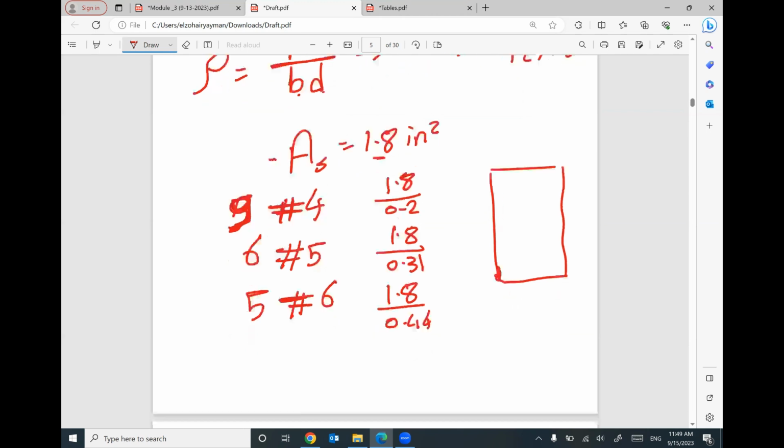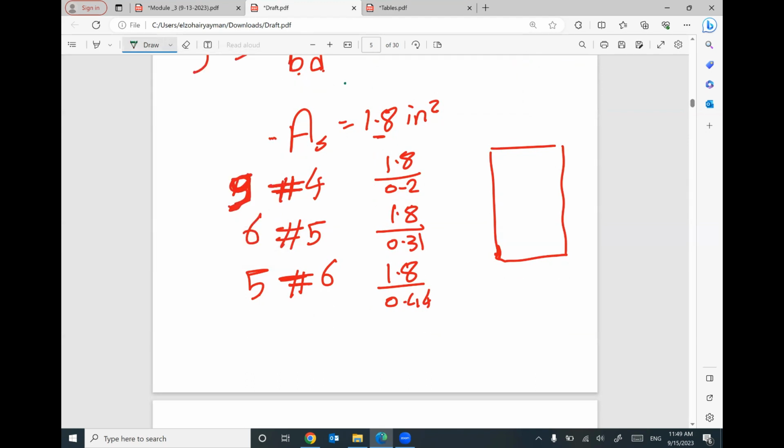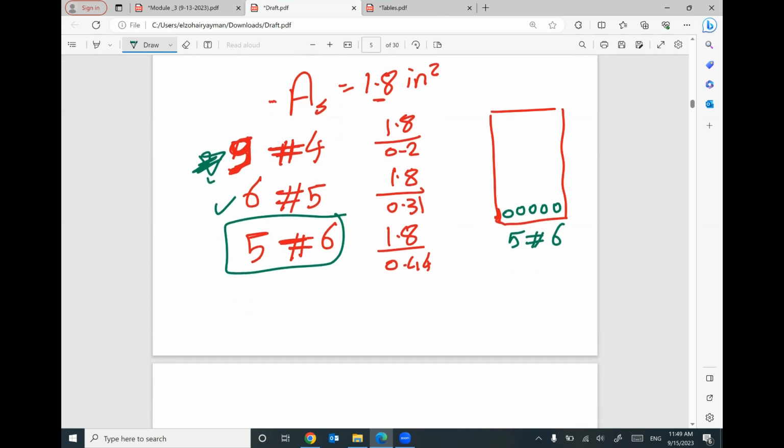It's up to you as a designer. As a designer, I see that I'm going to use this one: 5 rebars, 1, 2, 3, 4, 5, number 6. This will be good. Or you can use 6 number 5, that's fine. But I don't recommend too many rebars. I don't like too many rebars.